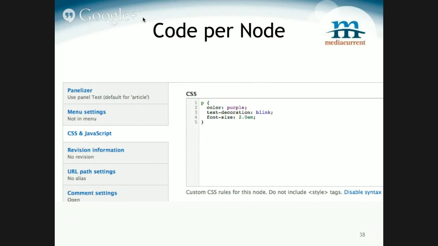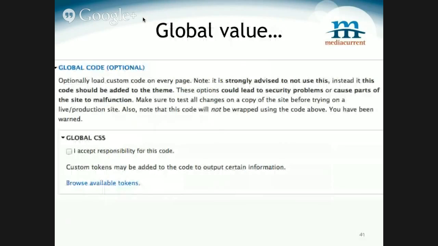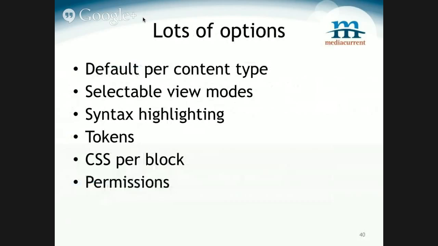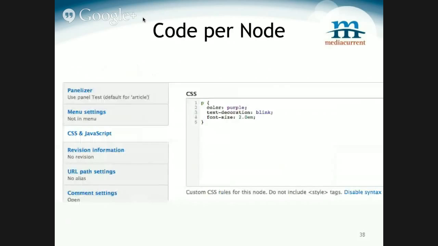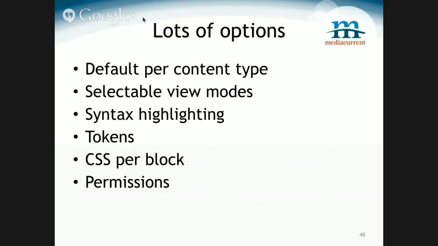So you upload your JPEG or whatever it is, PNG file, and you can put in a token. So I think I have an example here in a second. No, I'm sorry. But you can put in a token to say have the node type, or even just the node ID if you need to get to that level.